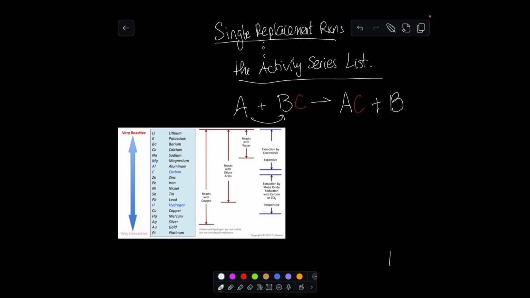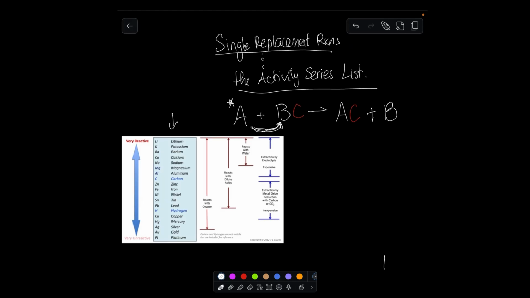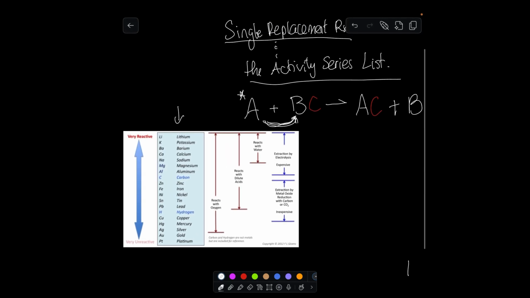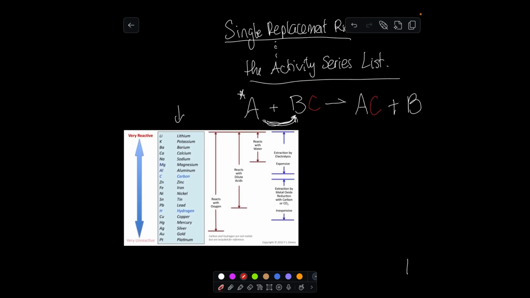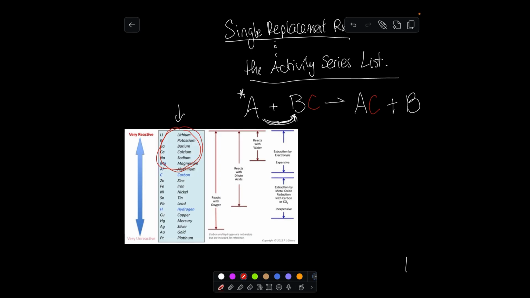Now, there is just one rule that applies. A can only replace B if A is higher on the activity series list. So this is the activity series list, and it's essentially a popularity list. You'll see that the elements listed at the top are more reactive than the elements listed at the bottom.